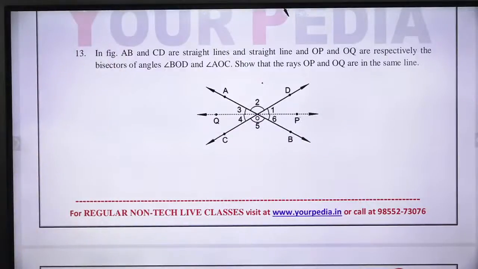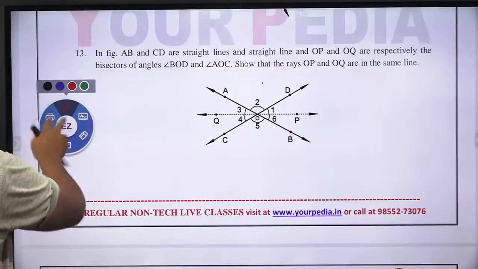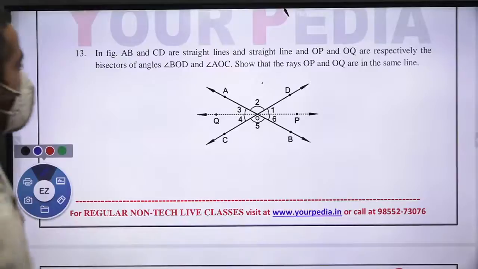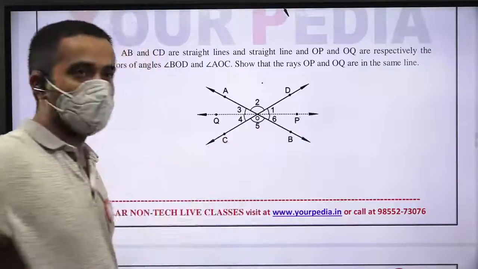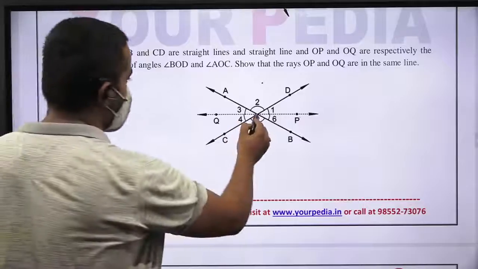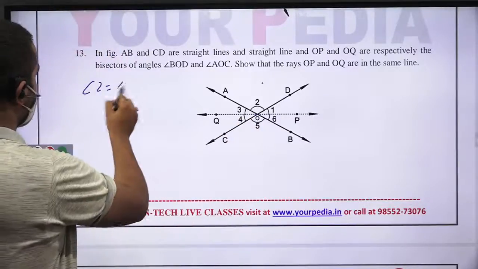Yes, AB and CD are straight lines. So if straight lines intersect at a common point, of course angle 2 is equal to angle 5.